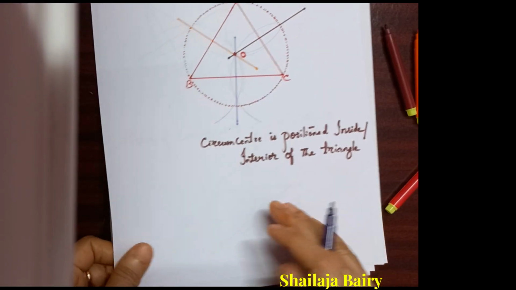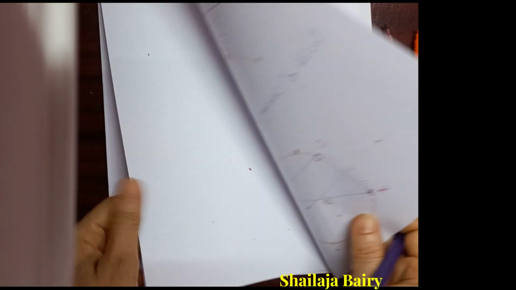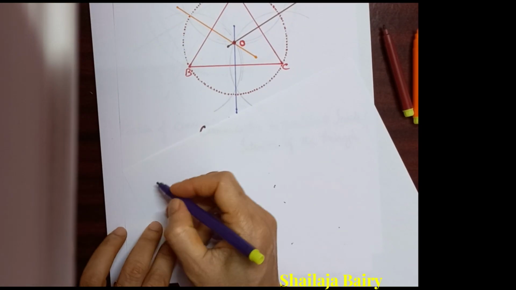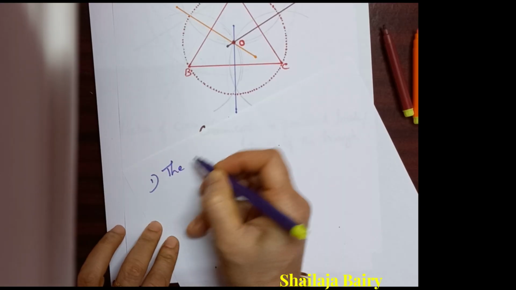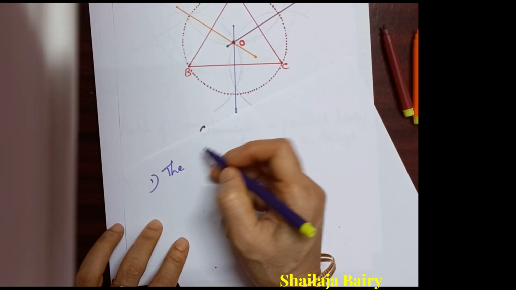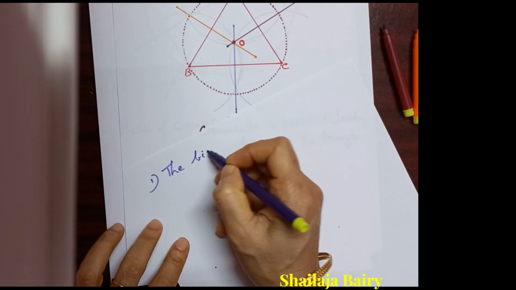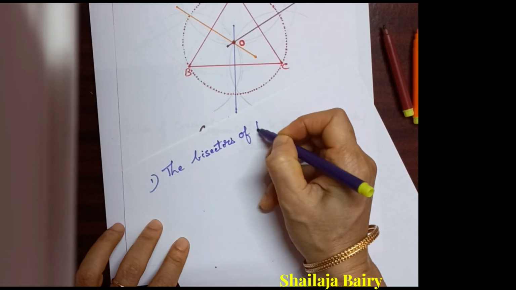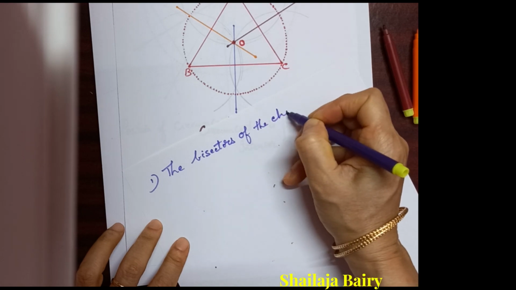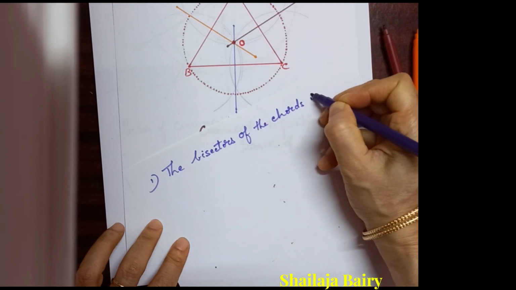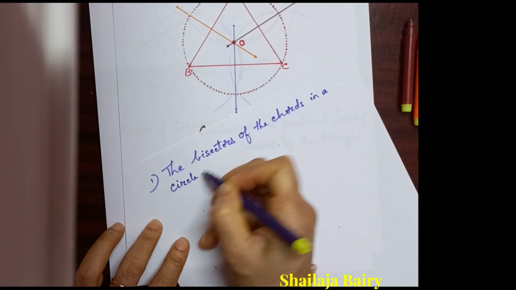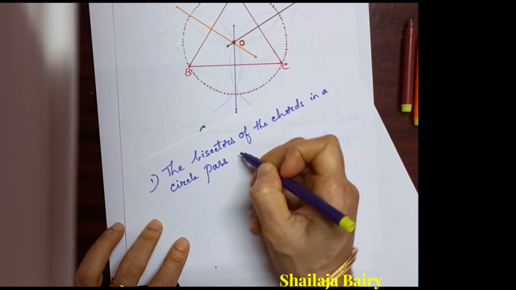So the first property is the bisectors of the chords in a circle pass through the center.